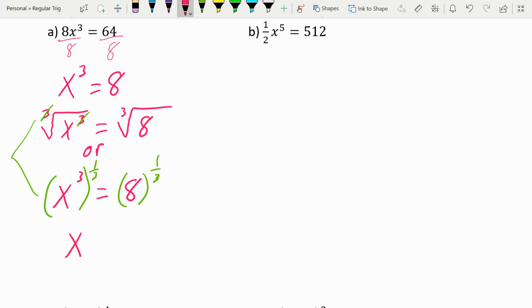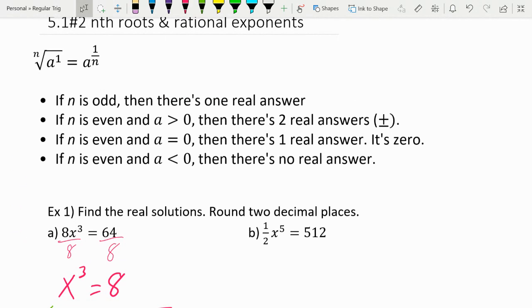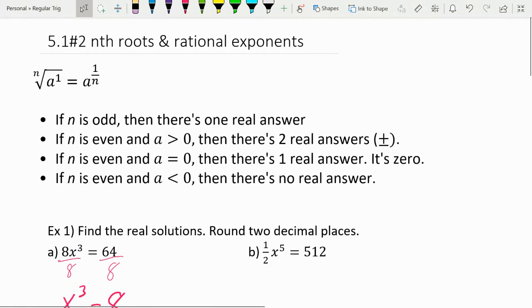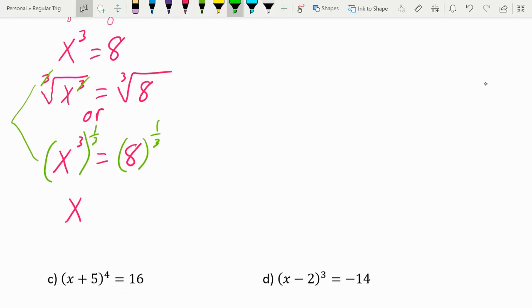But we can't forget, how many answers are we going to have? We have to figure out, where is n? Remember, n is either the index or it's going to be the denominator. Well, in any case, n is odd.